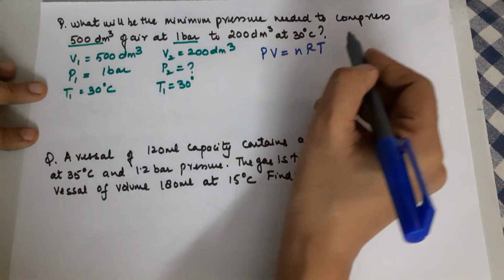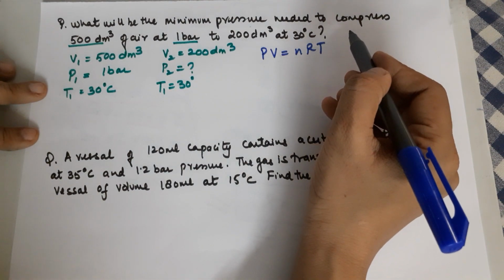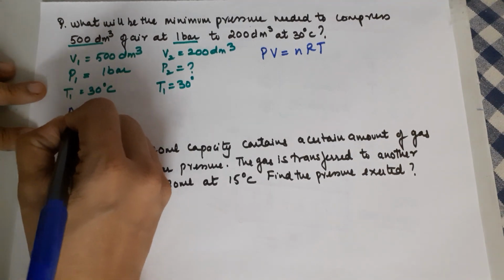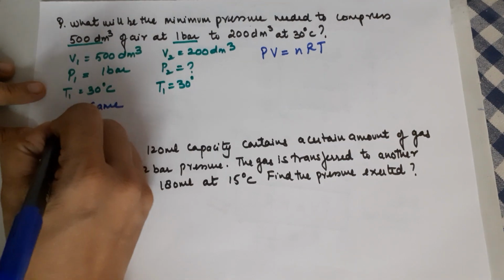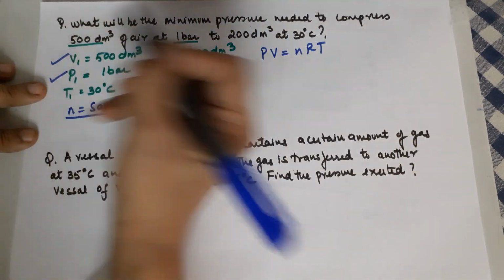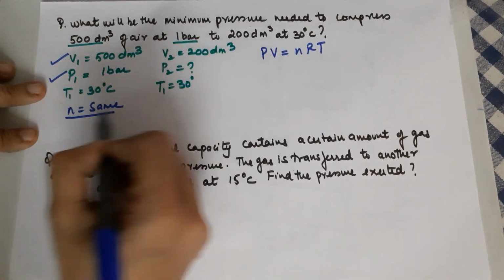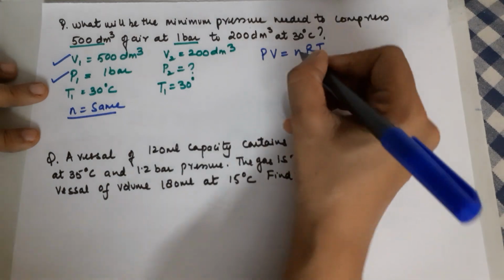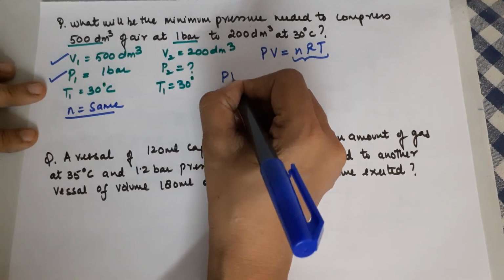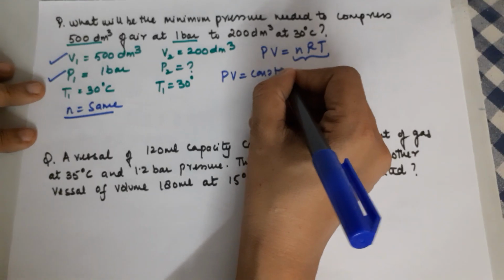Now in this question, the amount of gas does not change, so your n is also the same, that is constant. Hence what is changing? Your volume is changing and your pressure is changing. Temperature is constant, n is constant and R is constant. So these three things are constant, so your PV is equal to a constant.